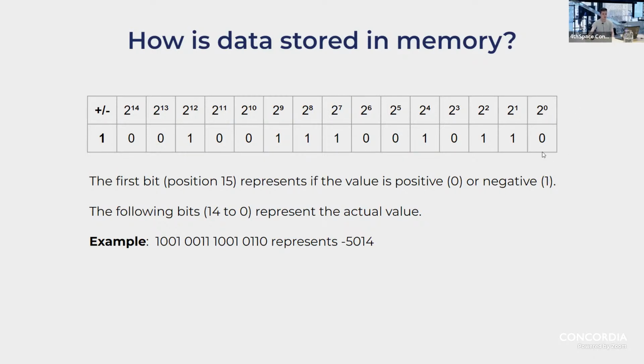If this bit was set to 1, you would add 1 to your number. In this case, you would add 2 to the power of 12 plus 2 to the power of 9, and so on, and that gives you your decimal number. Here's an example: this bit string at the bottom represents the decimal number minus 5014. This is just a random example that I wanted to show.